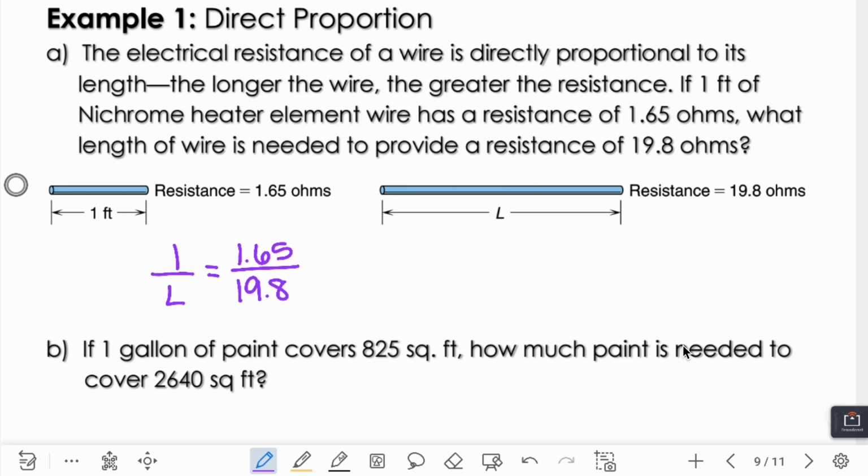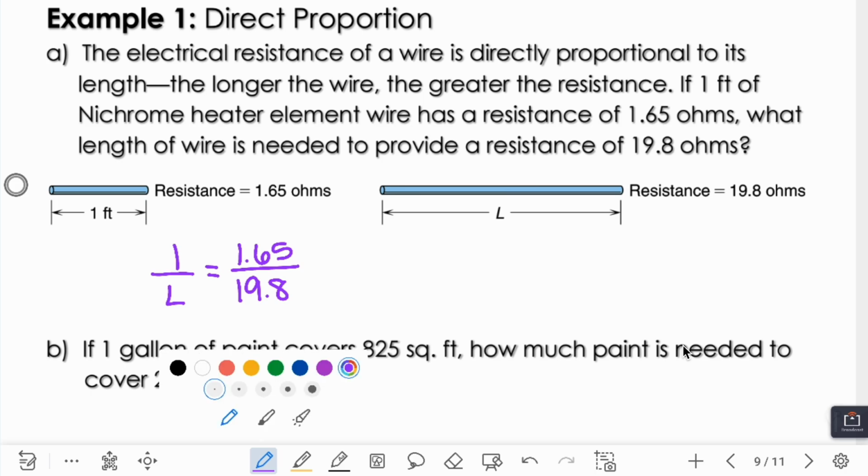In a directly proportional relationship, if you were to set up your proportion, you can start like here with my 1, in the upper left hand, so the numerator on the left hand ratio. That length corresponds with the resistance that I also put in the numerator of the second part of my ratio, and so on and so forth.